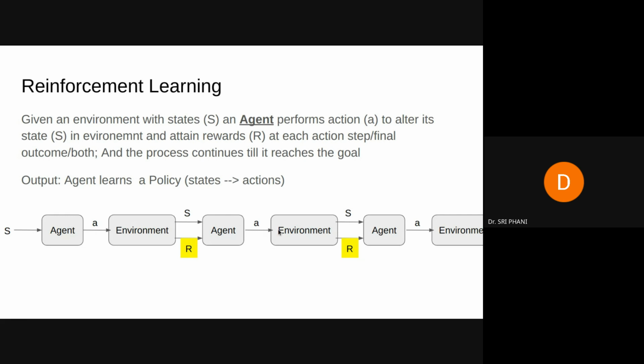When the control signal is given to the plant, the plant gives back some sort of an error signal. From the error signal, the agent again creates a control signal. So this is an interplay between the plant and the controller until the plant creates an output which is a reference signal. So this is an analogy between reinforcement learning and conventional control.